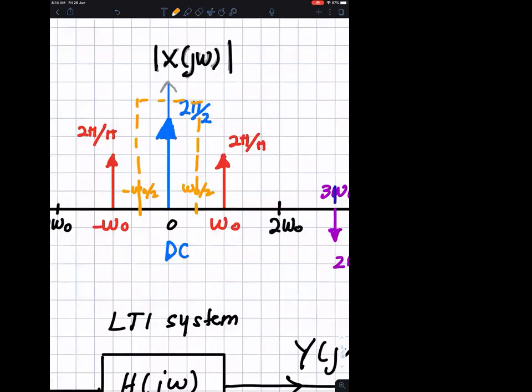Jessica, what's inside the box? 2 pi over 2. Okay, 2 pi over 2. So what is 2 pi over 2? It's a what signal? It's a DC signal. Good.